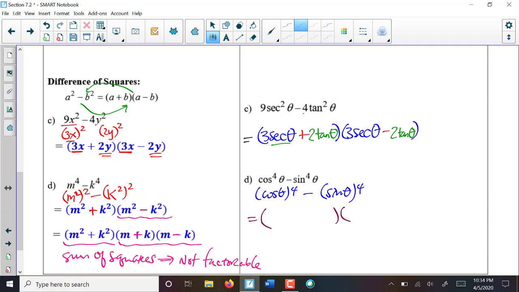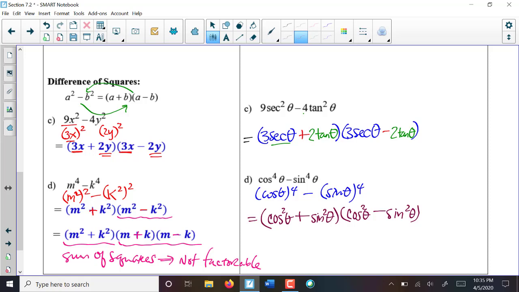So I'm going to factor it into two binomials with different signs. So what do you square to get cosine to the fourth? Cosine squared theta. That would be my first terms. What do you square to get sine to the fourth? Sine squared theta. Those would be my second terms.